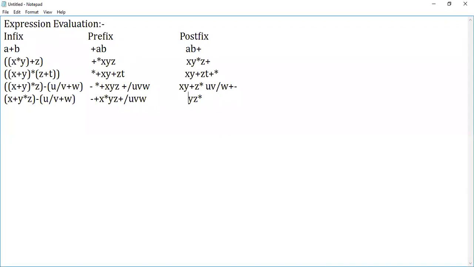X is added after doing multiplication. You can notice how I'm evaluating it. First I'm doing multiplication, then I add x to it, right? The same way, first you do multiplication of these two, then add x to it. Don't try to change the order. Let the order be the same. So you'll get this as your first part, guys.